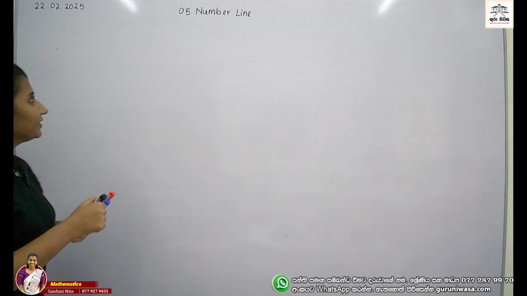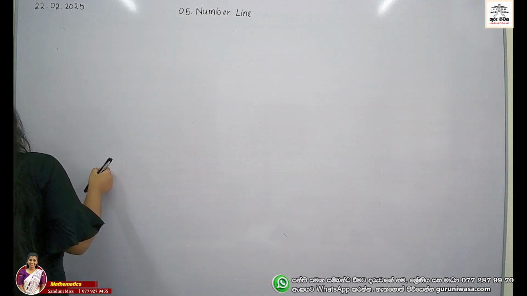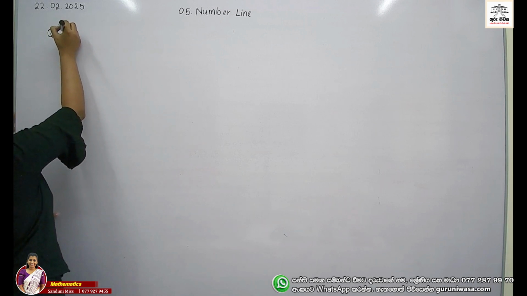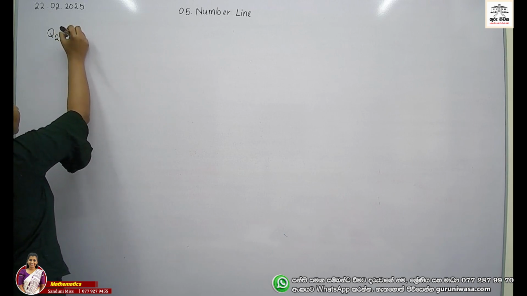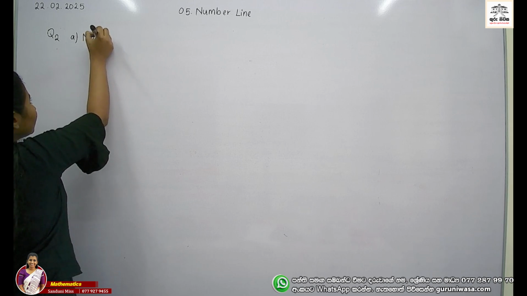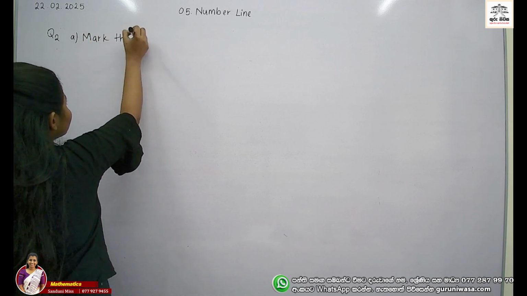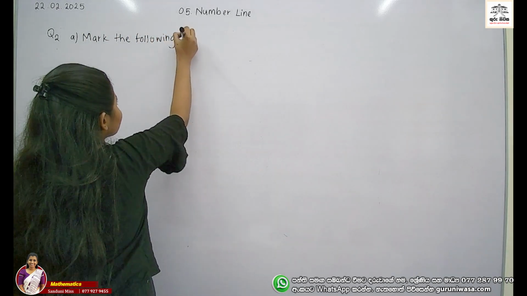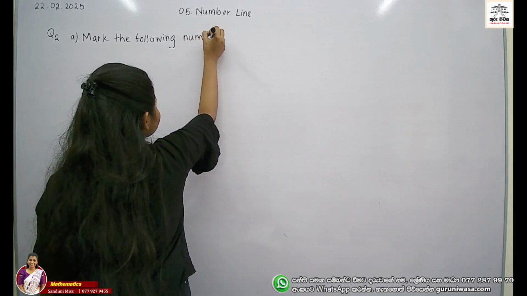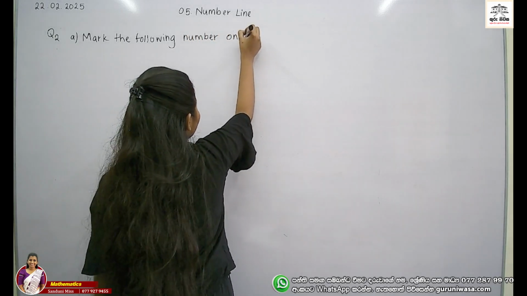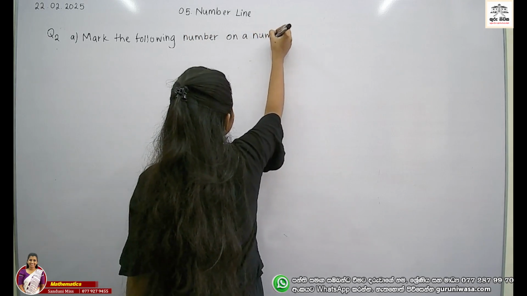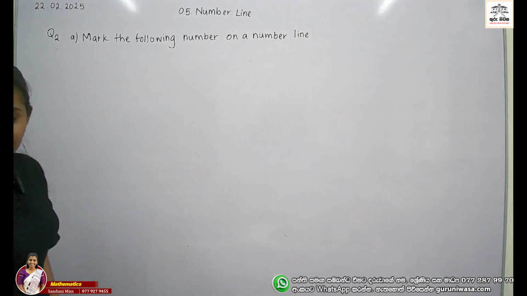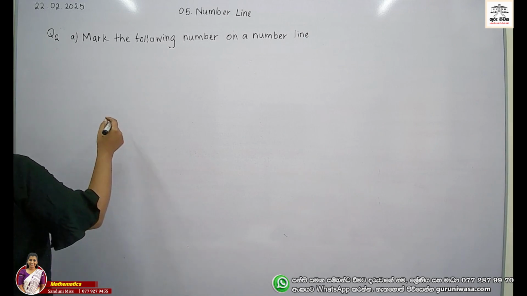Right. Activity number 2. Mark the following on the number line. Now everything is together. Mark the first line.